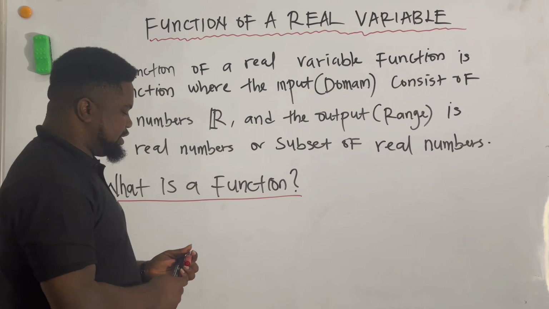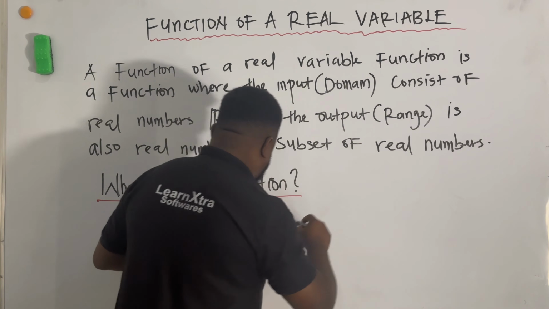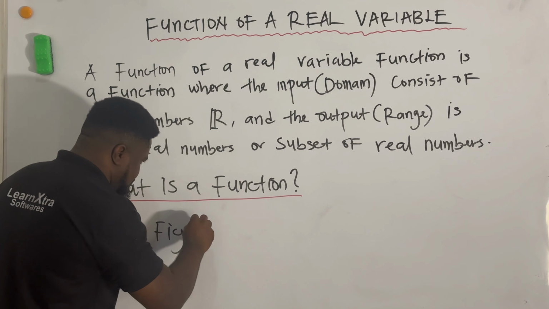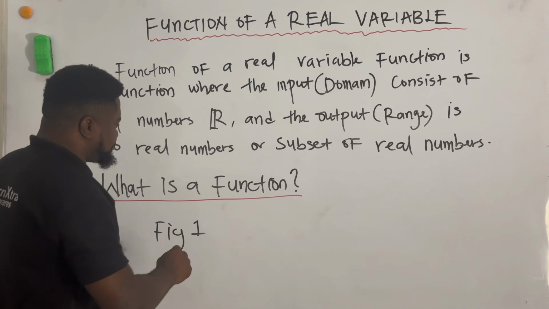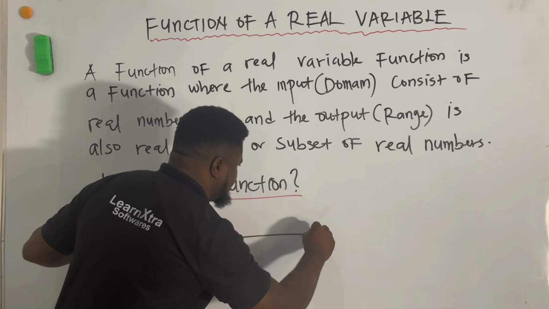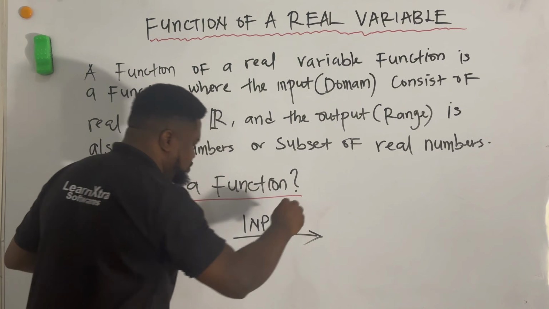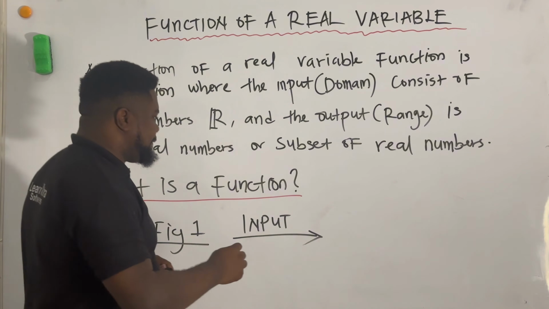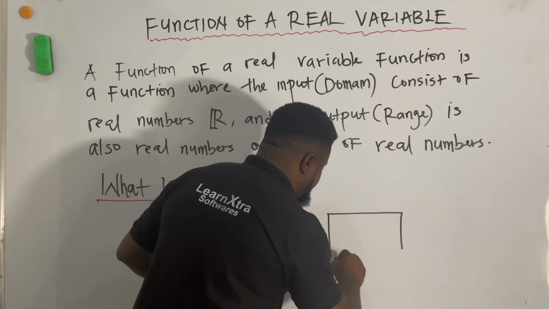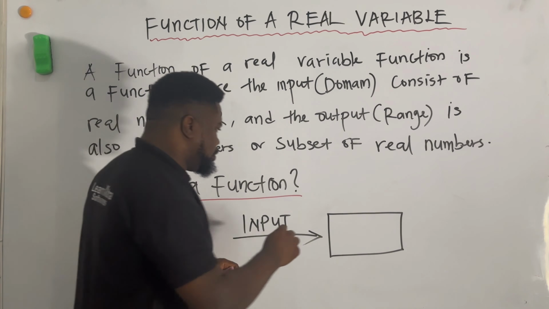I will illustrate this with a diagram. Let's consider this diagram. Let's call it figure 1. In my figure 1, let's say I have these to be my inputs. And the rule of my function says x plus 3.